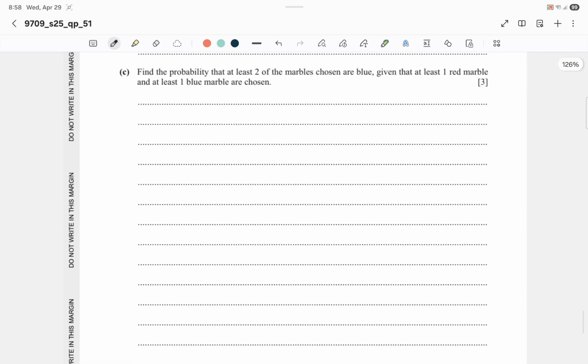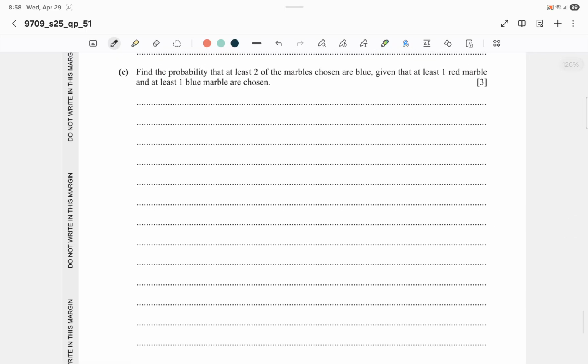Please comment down below. Okay, find the probability that at least 2 of the marbles chosen are blue, given that at least one red marble and at least one blue marble is chosen. So at least 2, so it can be 2 marbles, 3 marbles, or 4 marbles.